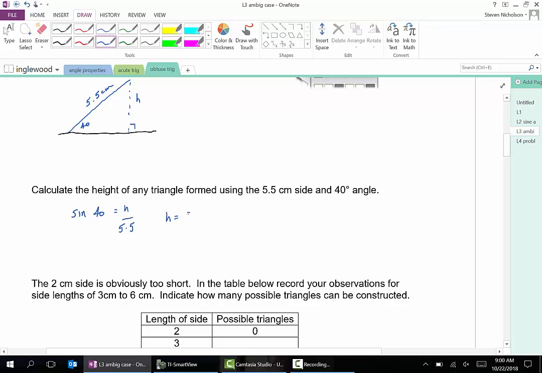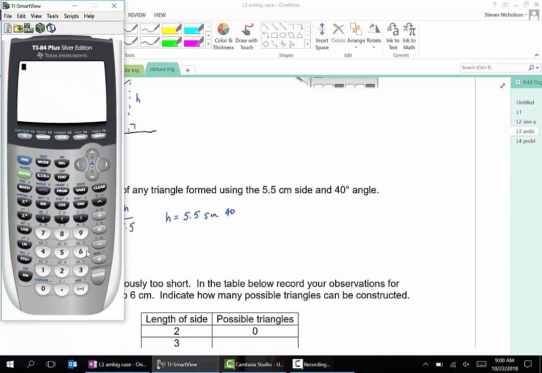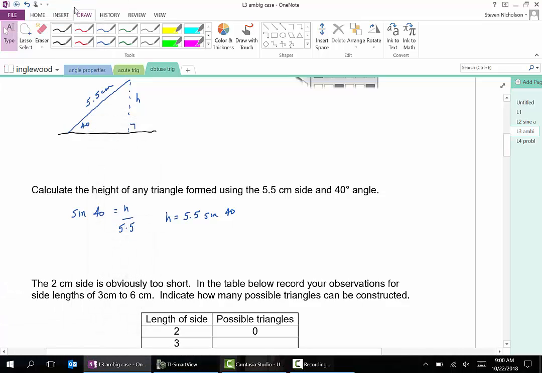Then h is equal to 5.5 times the sine of 40. And when I punch 5.5 sine of 40 into my calculator, we get 3.535. So let's just use 3.5.